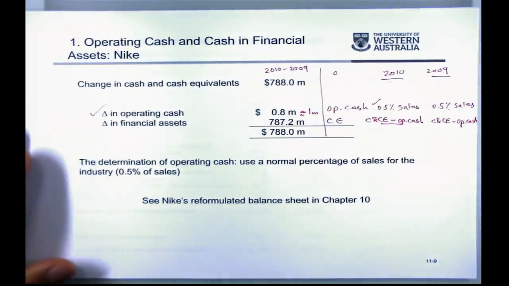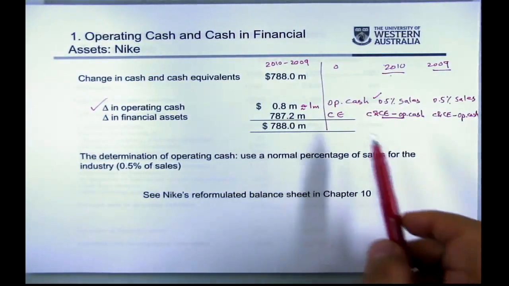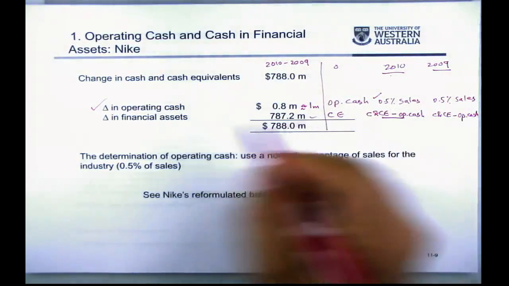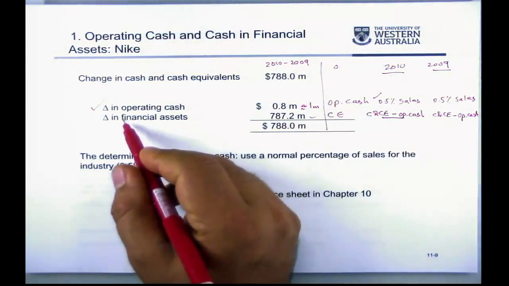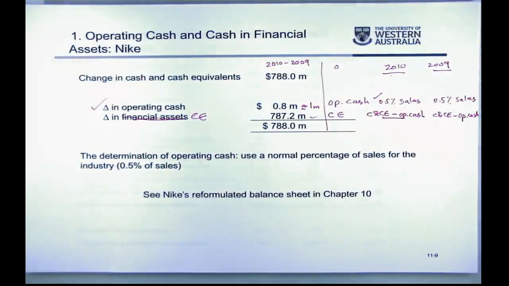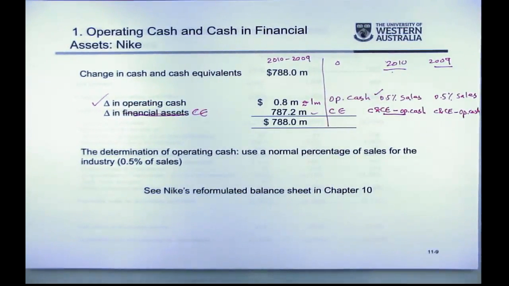Make sense? And then we take the change. Once we have calculated the cash equivalents for each year, we take the change. This is the change. It is better to put the change in cash equivalents to be more accurate. Okay? Make sense? Any problems, any questions?